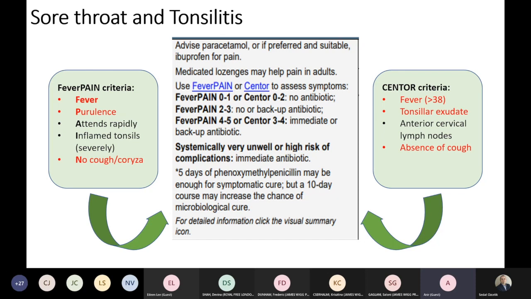As you can see from the prose taken from the NICE guidelines, with a score in the middle, you could even consider a backup or delayed script for an antibiotic, which I tend to do as well. And that's a really good way of doing a bit of shared decision making with the patient and sharing that management, sharing that risk with the patient.